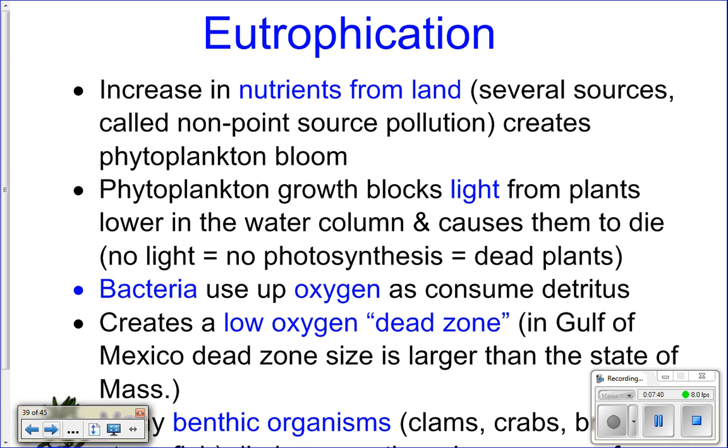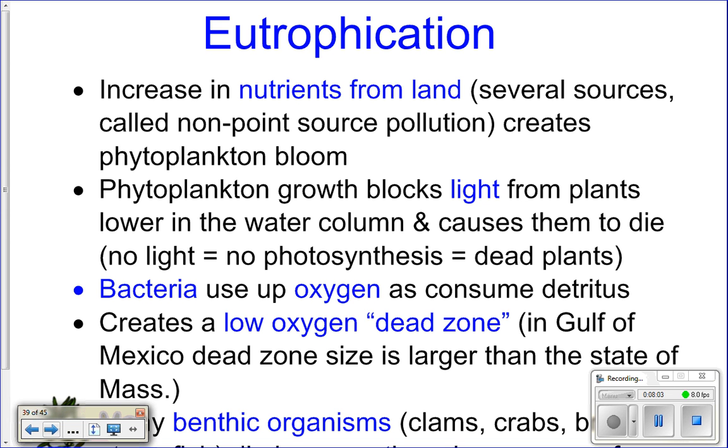and if they can't do photosynthesis, they die. When they die, they decay, and bacteria are the types of things that will be decaying these dead plants. As bacteria do the process of decomposition and break down these dead plants, they use oxygen. So decomposition requires oxygen to happen.